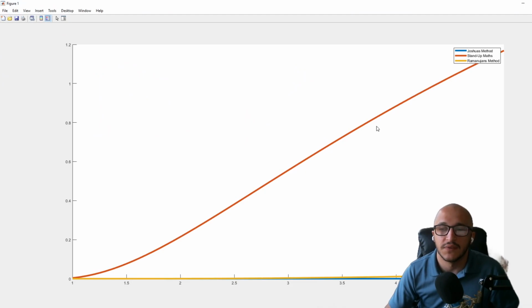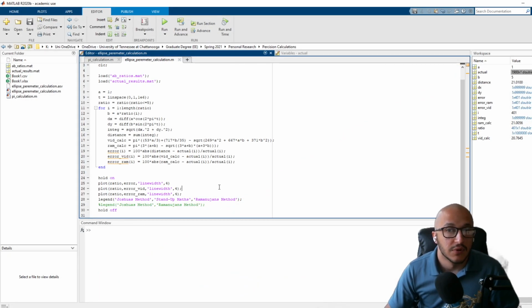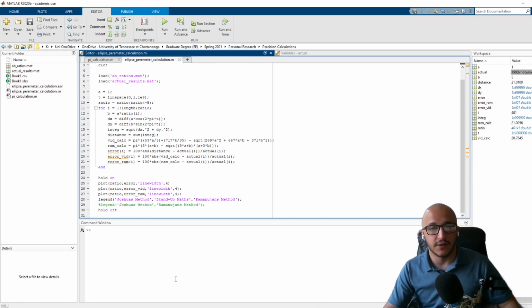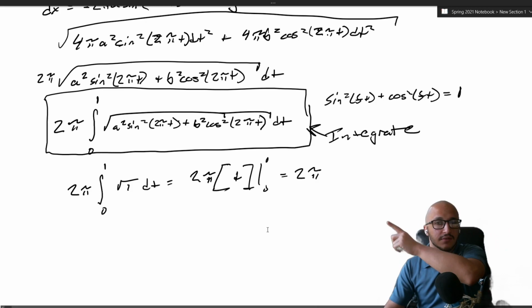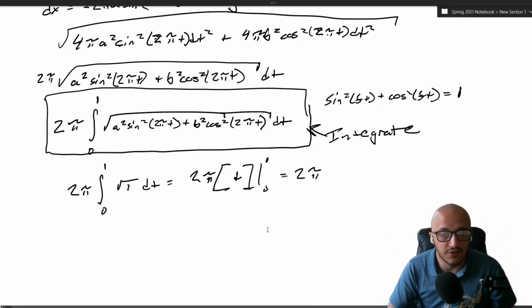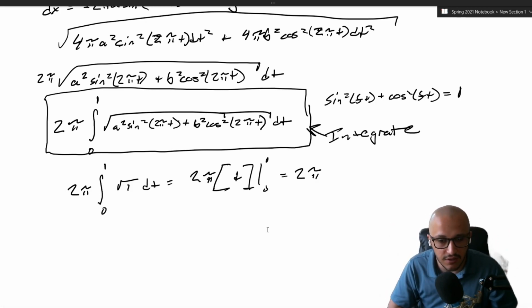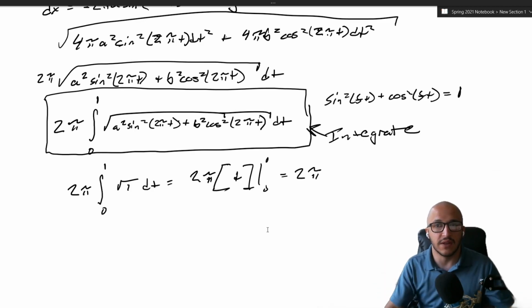Okay, so we have the Stand Up Maths version, Ramanujan's version, and then my version. This equation here is the proper way to absolutely define the perimeter of an ellipse.